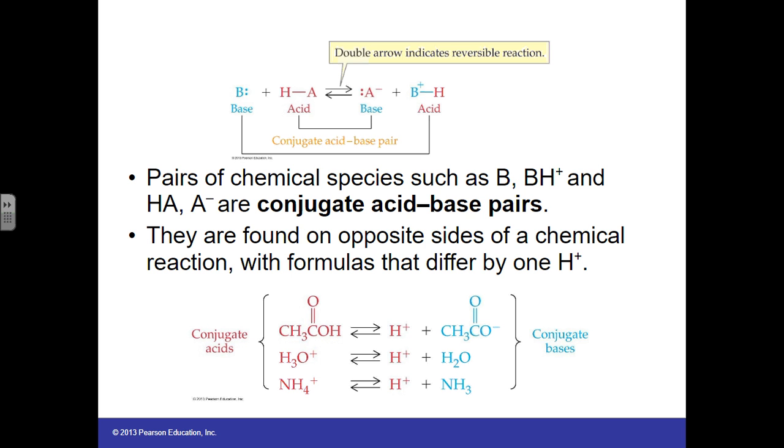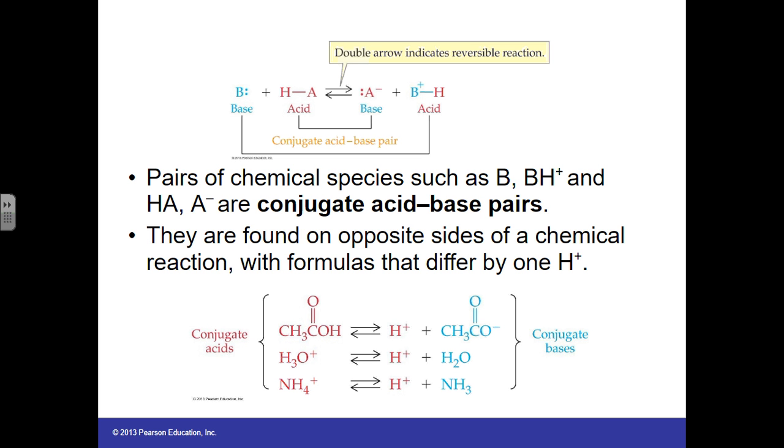Now, looking at the general scheme of this reaction, they've drawn two lines connecting each side, where you have a base connected to an acid on the right, and an acid on the left connected with the base on the right. That line shows you that these guys are partners in crime: if a compound behaves as an acid on the left, it's going to operate as a base on the product side, the right side.